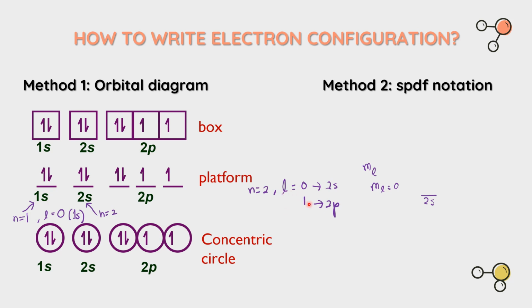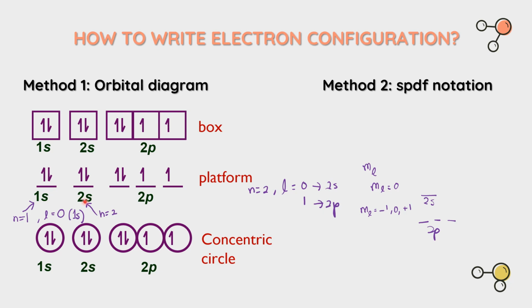And for n equals to 2, L equals to 1, which is 2p orbital, the value of ml will be from negative L, which is -1, until +1. So how many numbers do we have for ml? We have -1, 0, and +1. So how many numbers over here? 1, 2, and 3. So we have 3 values, showing that the 2p will have 3 orbitals.